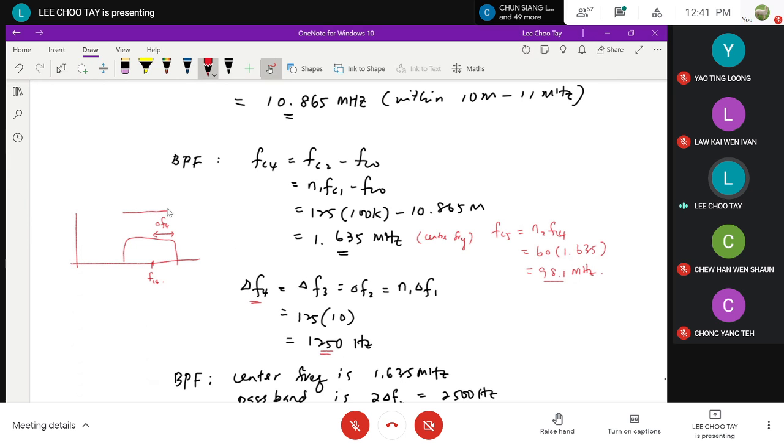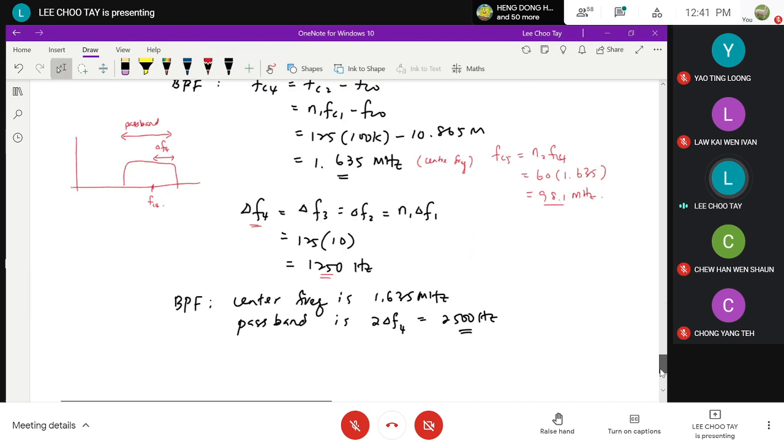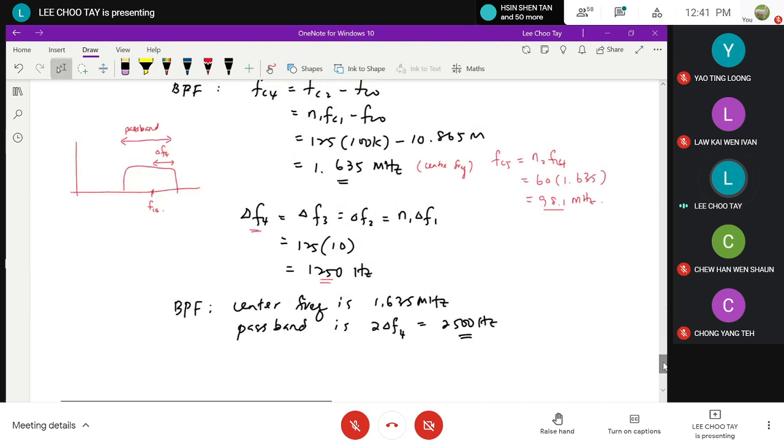So that means your pass band needs to be 2 times delta F4, which is 2500 hertz. Then the center frequency for the bandpass filter needs to be 1.635 megahertz.